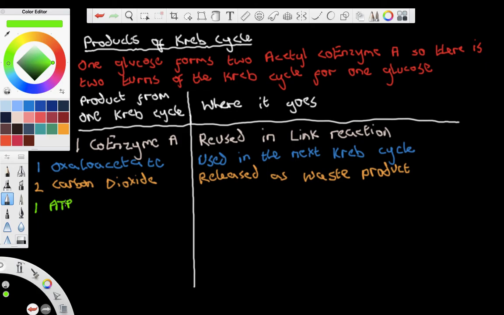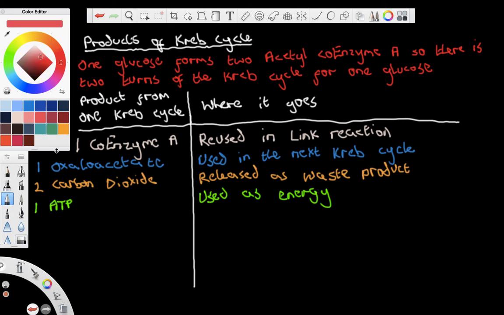This ATP is made when alpha-ketoglutarate is turned into succinate, and the ATP is just used as energy. Now, this energy could be for any sort of process. It doesn't necessarily have to be for anything in particular.